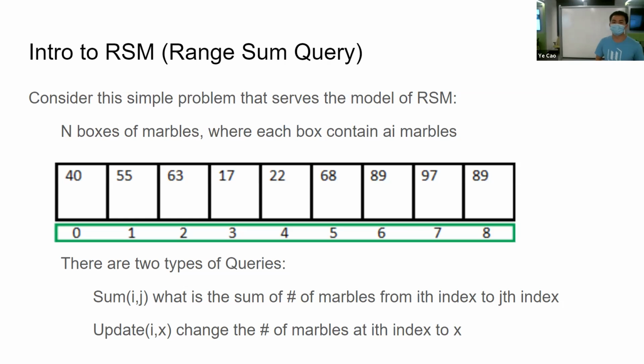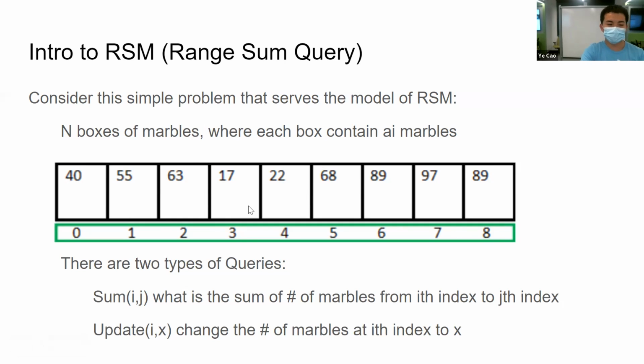The problem is very simple. You have different boxes of marbles, and within each box you have a different amount of marbles. The first box has 40 marbles, the second one has 55, and so on, and in this case we have 9 different boxes.